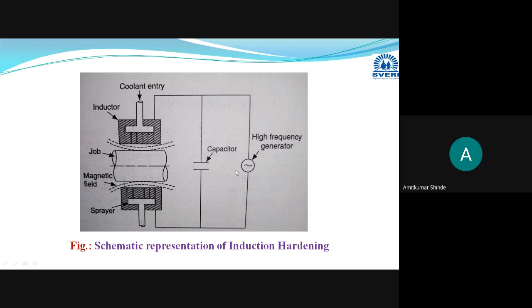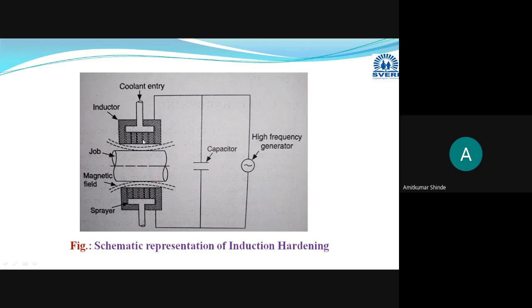How it is used I will explain, but before that I will explain the arrangement. The high frequency generator will be there, then this is your workpiece or job on which we are going to harden the surface. Then there are inductor coils, and cooling medium will be provided there.